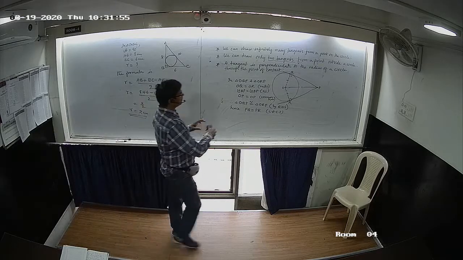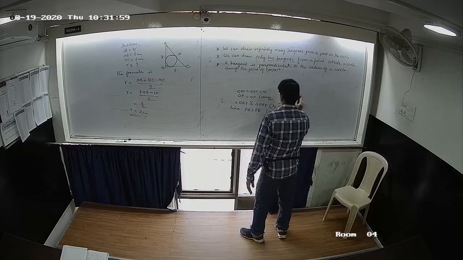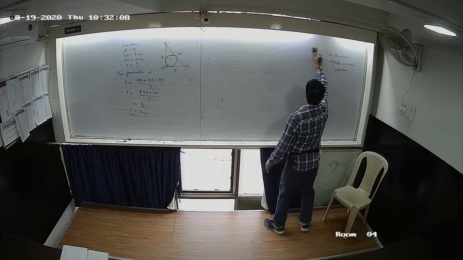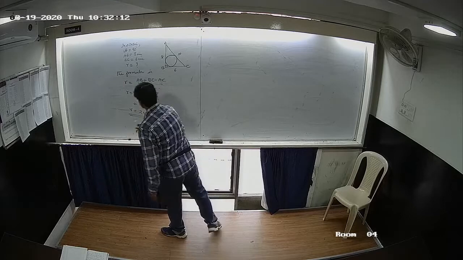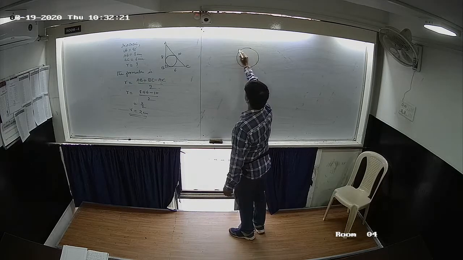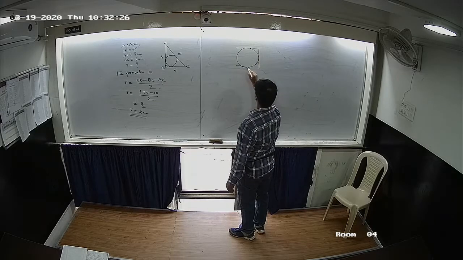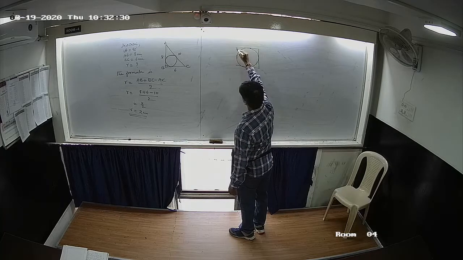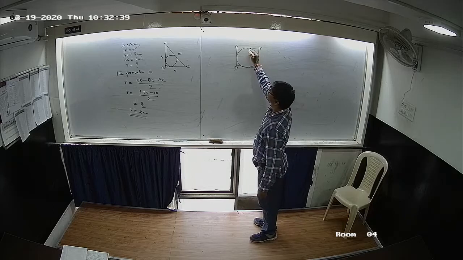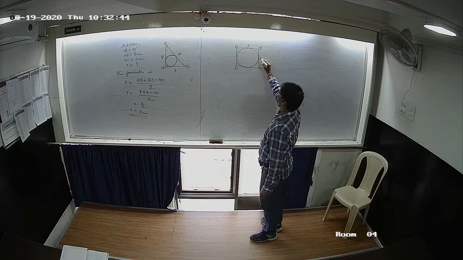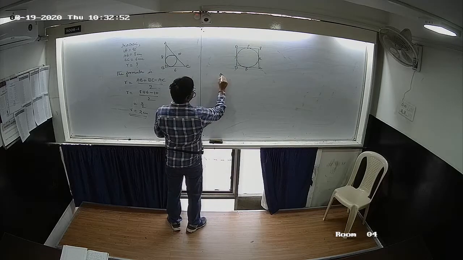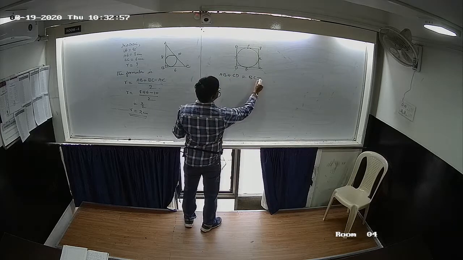Also, one more result is important. If a circle is inscribed in a quadrilateral, say this is the circle, ABCD is a quadrilateral, and the circle is inscribed, touching the sides of the quadrilateral at P, Q, R, and S. In this case, the result is AB plus CD will be equal to BC plus CD.